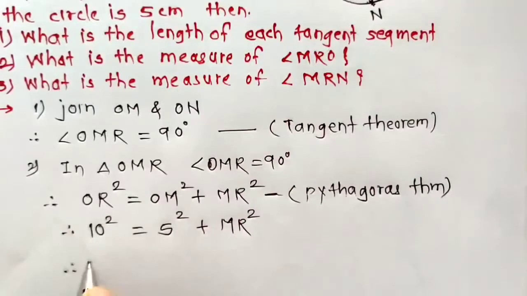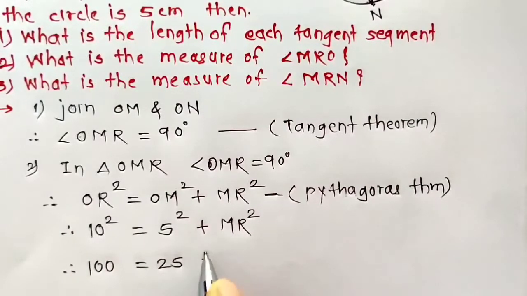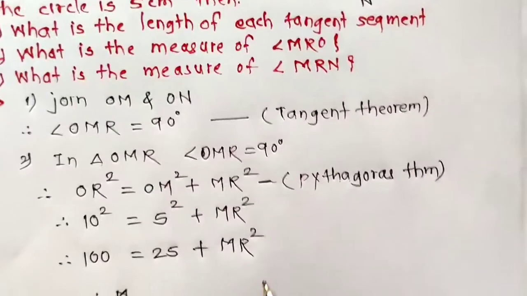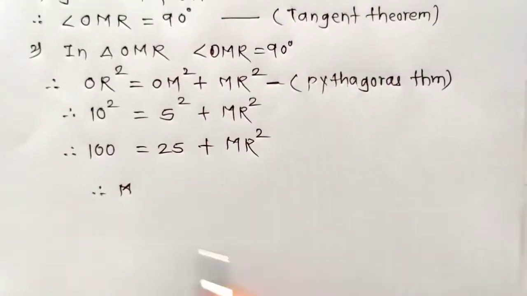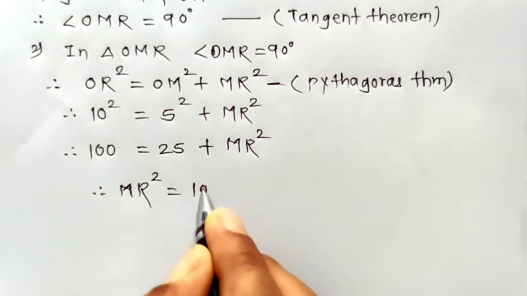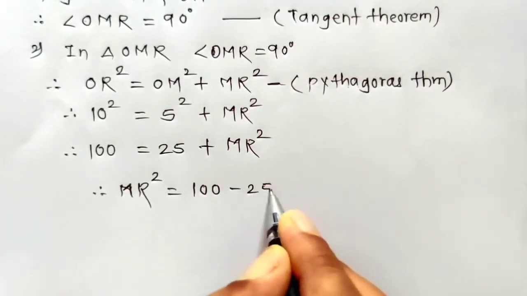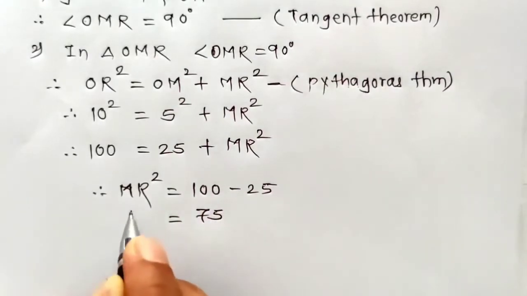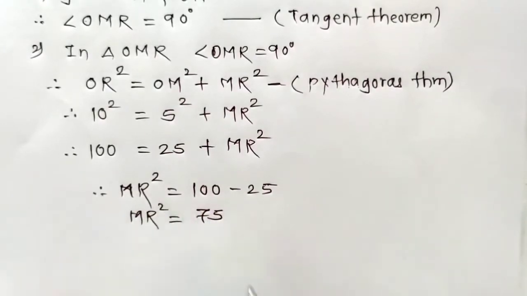Therefore 100 is equal to 25 plus MR square. Therefore MR square is equal to 100 minus 25 is equal to 75. So MR square is 75.